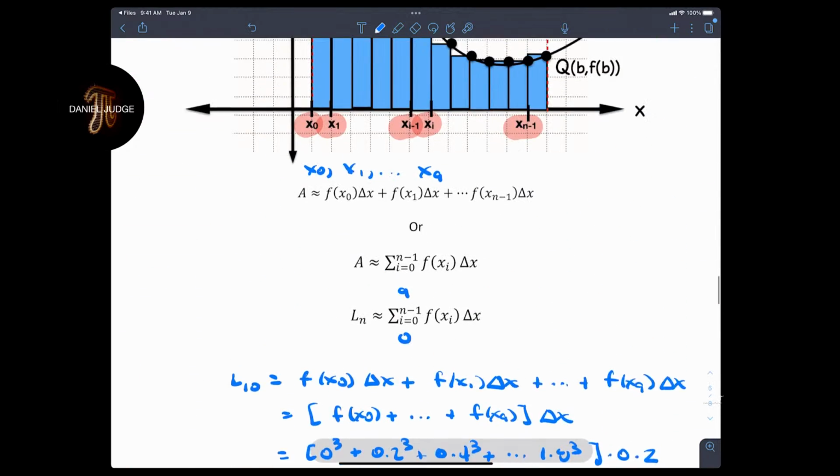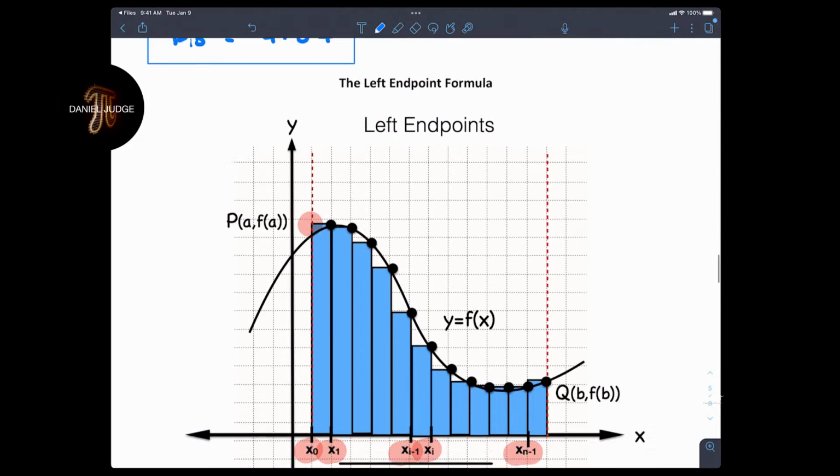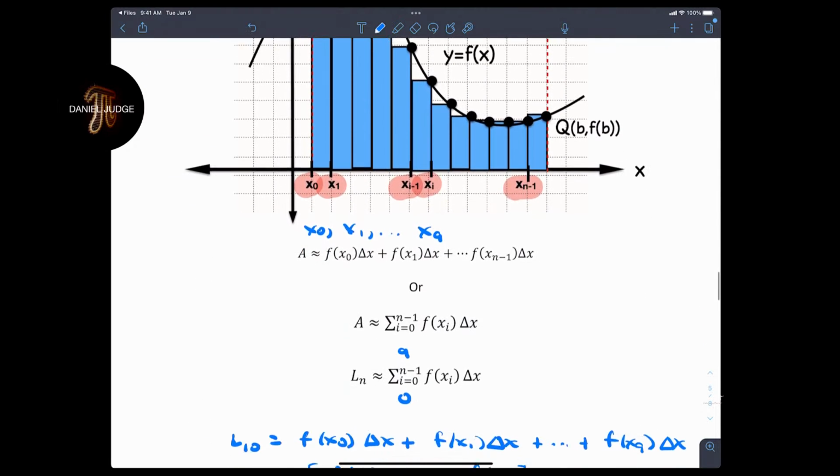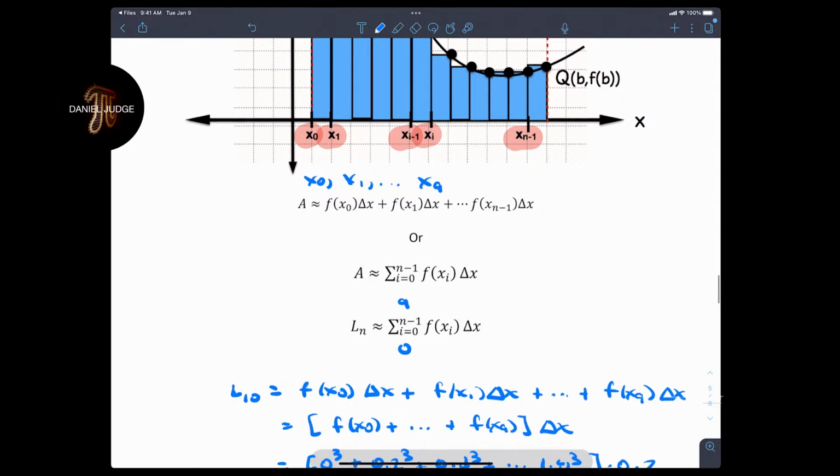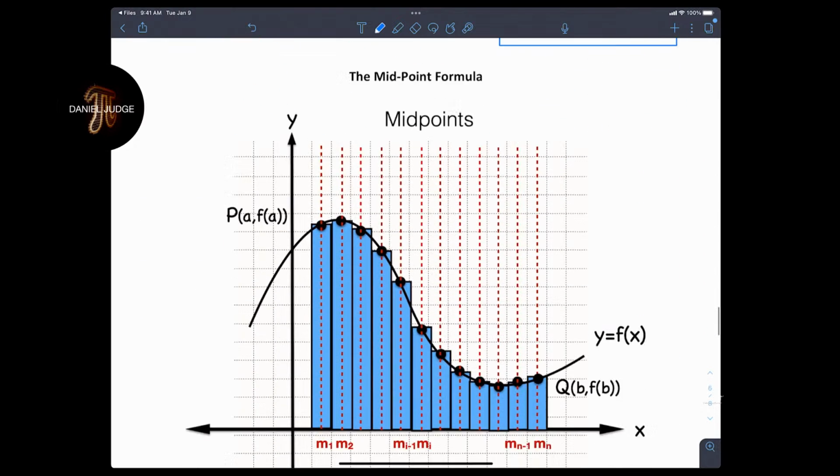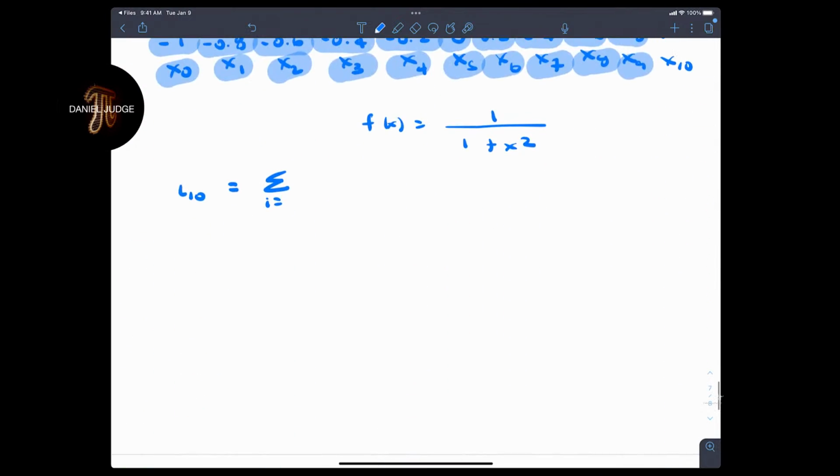Right, left endpoint rule. i goes from 0 to n minus 1, which will be 9, f of xi delta x, which will be now f of x0 plus f of x1 up to f of x9.